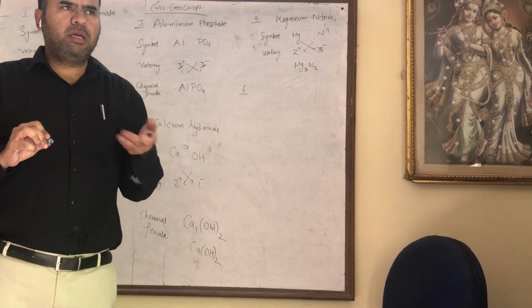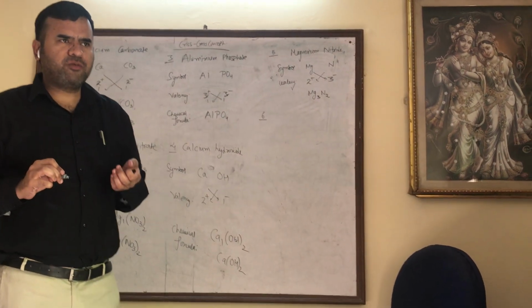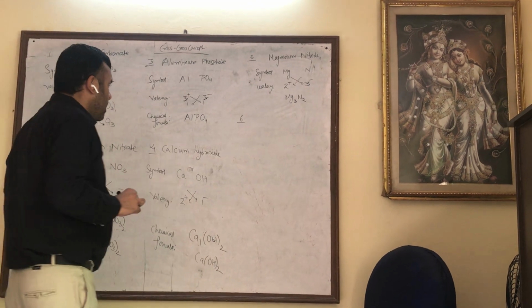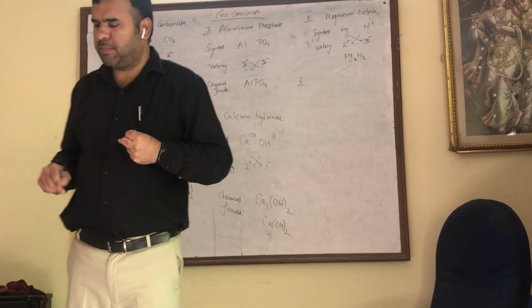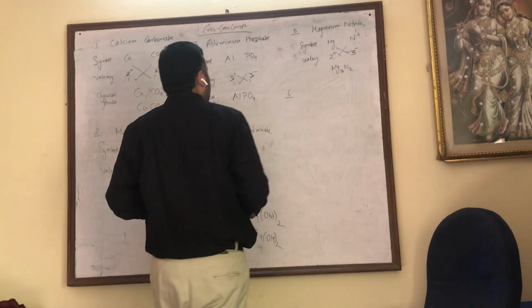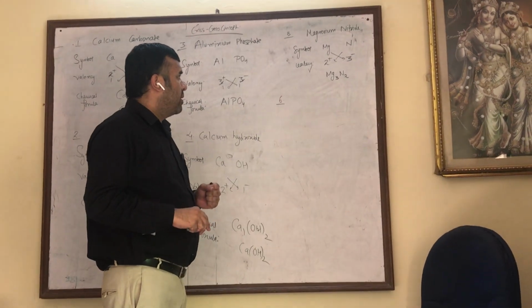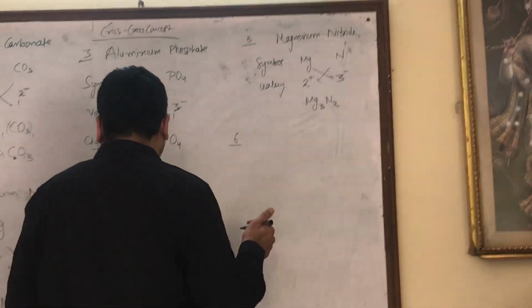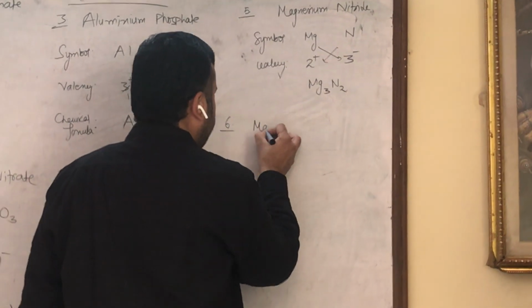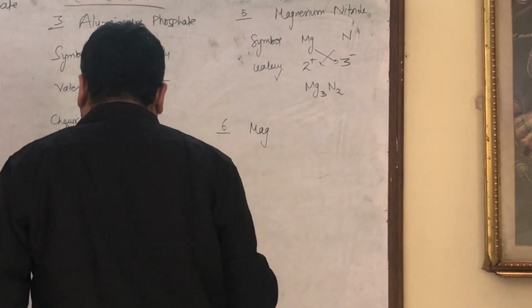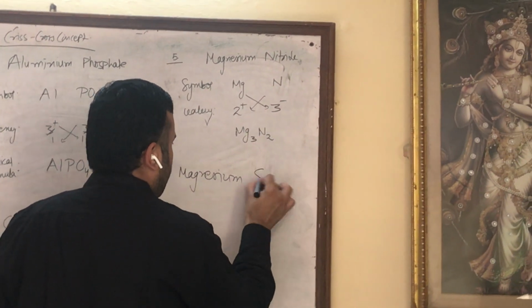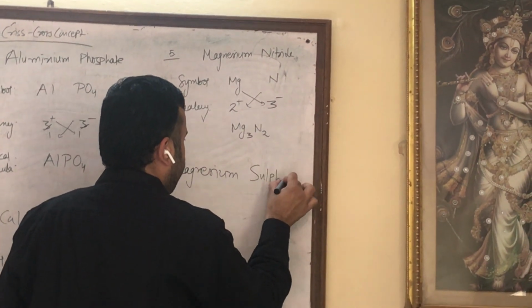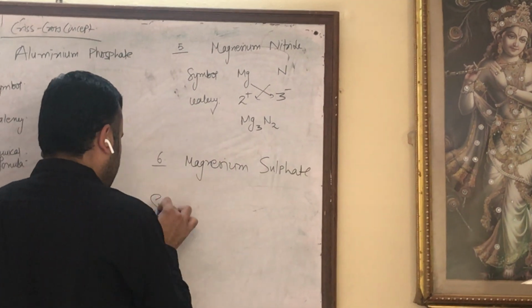Okay. Similarly, we can find out formulas for different elements. You should know the valency and symbol. That is the main thing. Some more formulas for you, such as magnesium sulfate. I hope we haven't done it. Magnesium sulfate.